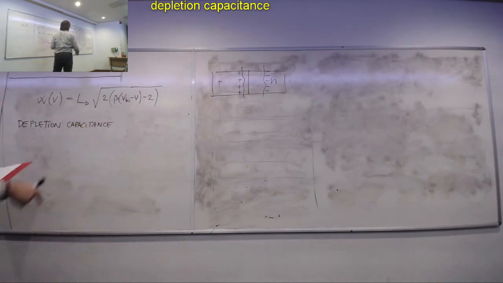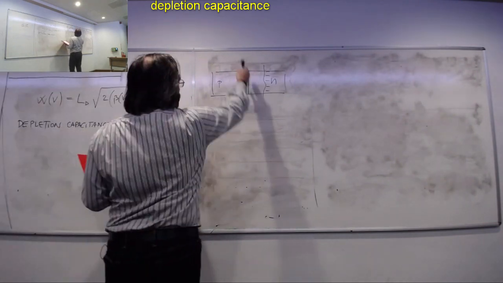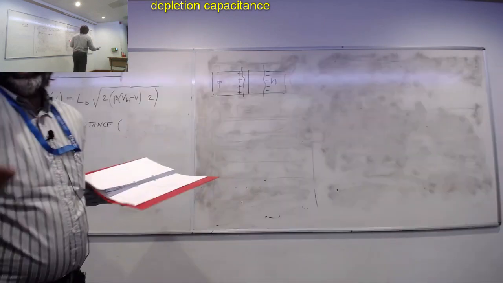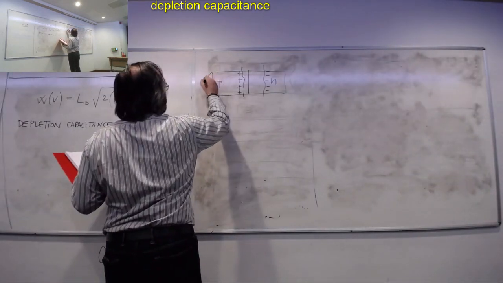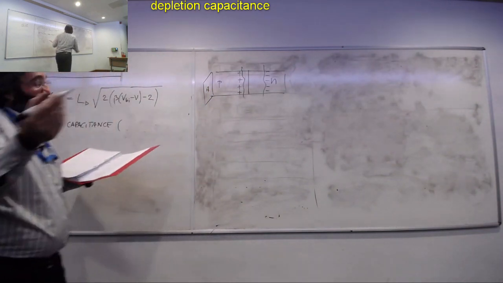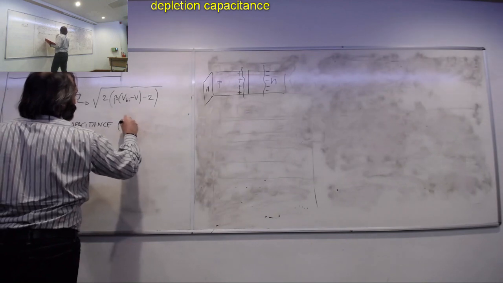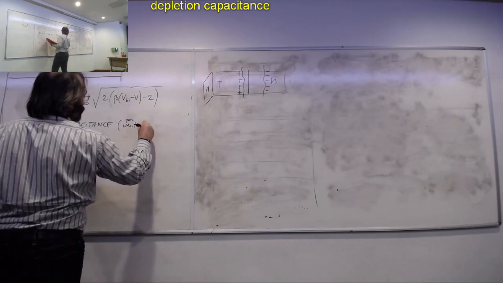The formula we will see is per unit area, just because we are not explicitly saying what the area of this piece of solid is. So the capacitance we will say is per unit area.